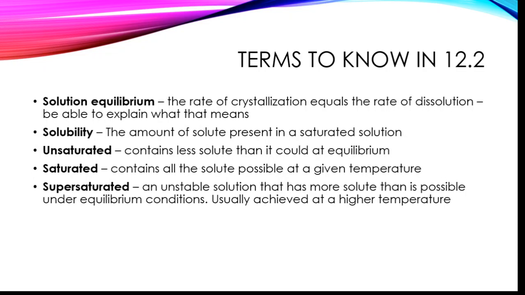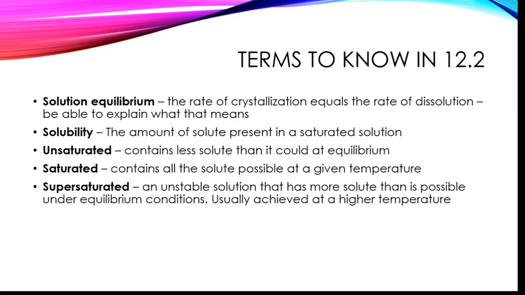In 12.2, you have solution equilibrium, and that is when the solution is trying to crystallize and trying to dissolve, and it's staying in the middle. So it's a saturated solution. I'm not looking for anything complicated, but you do need to know it's essentially a stable saturated solution.